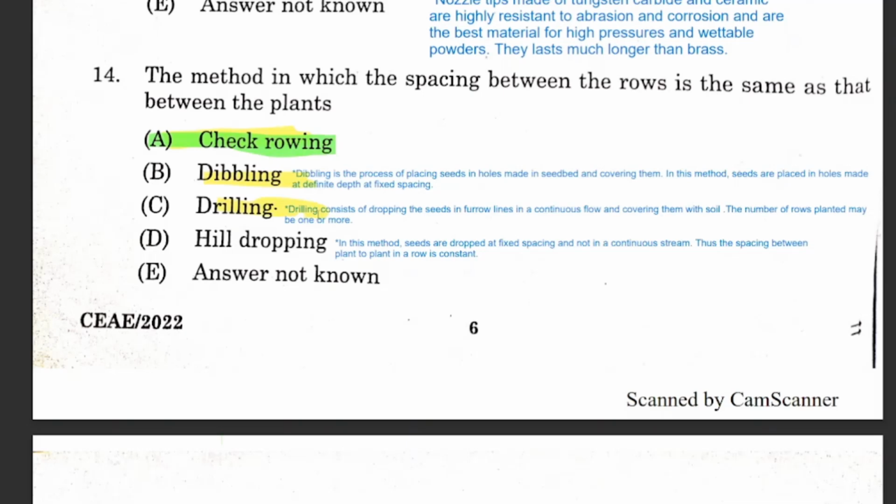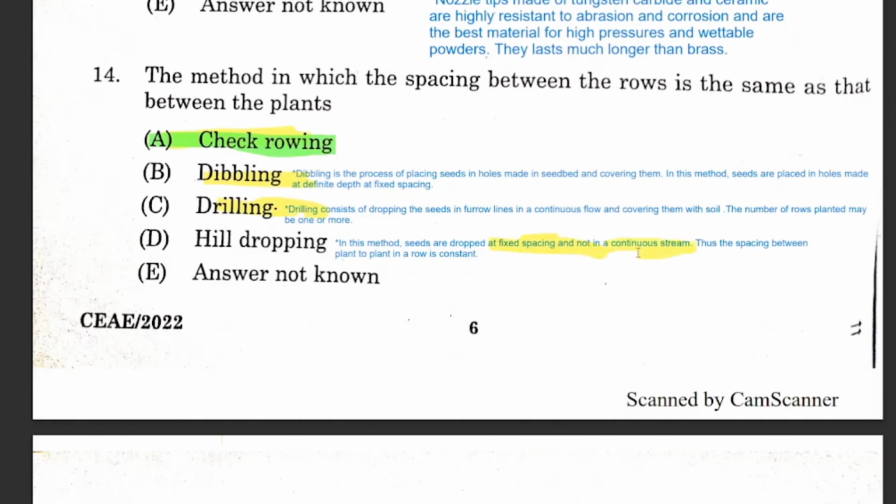The number of rows planted may be one or more. Next, hill dropping: in this method, seeds are dropped at fixed spacing, where fixed spacing is important, and not in a continuous stream.